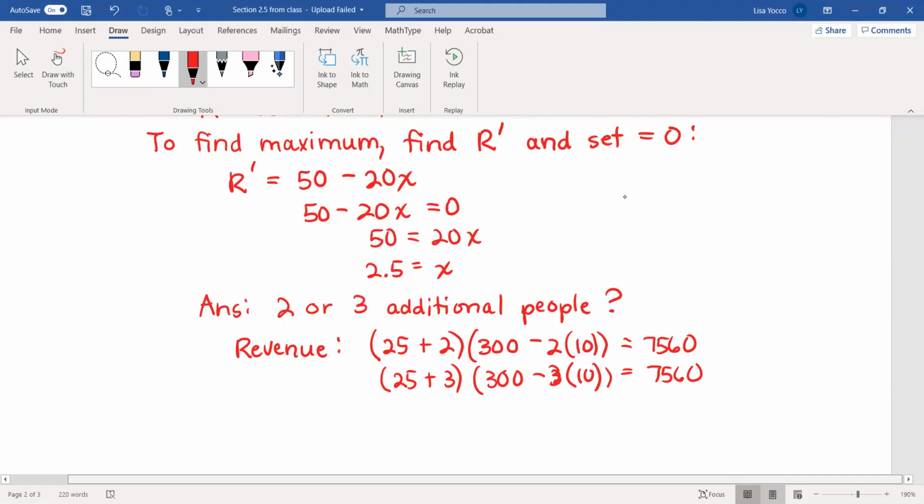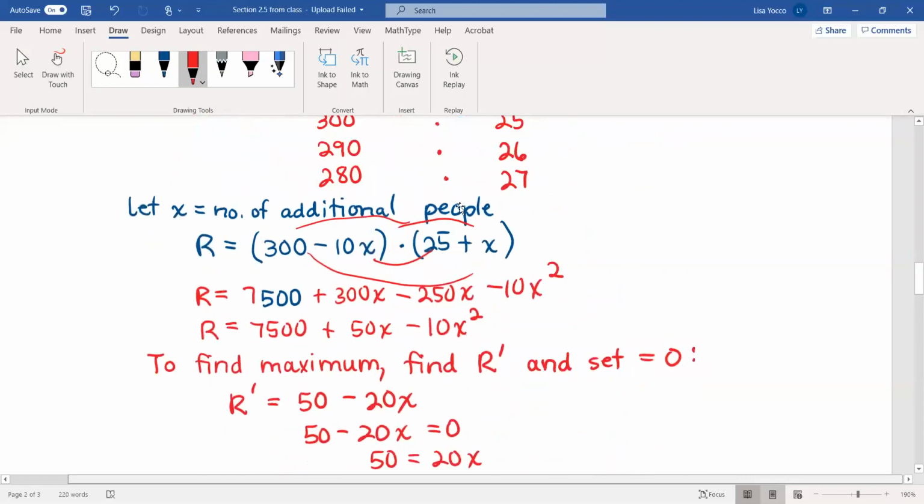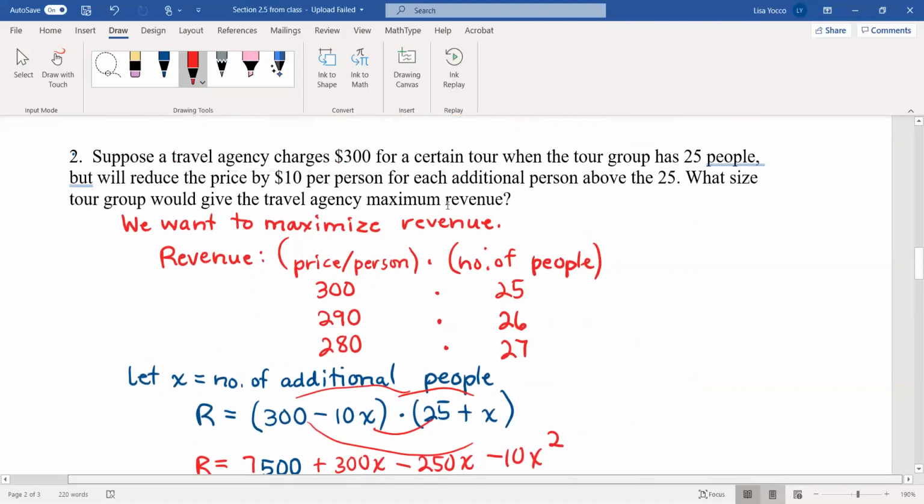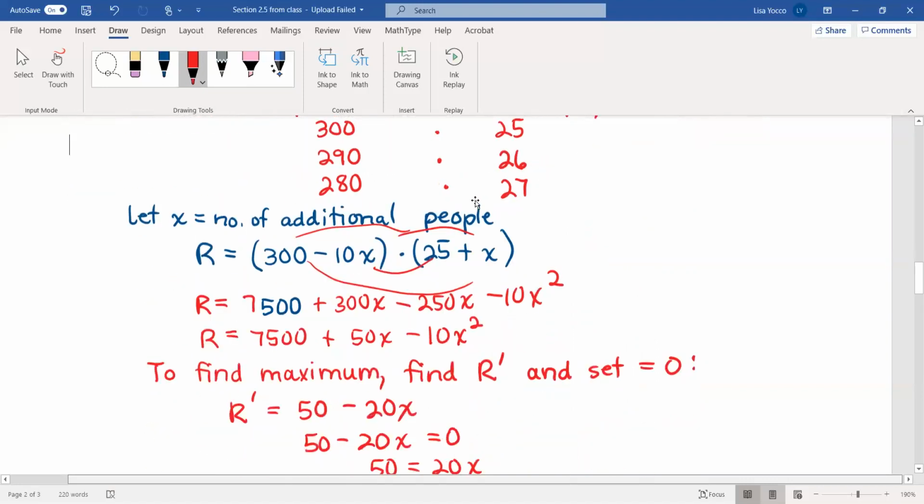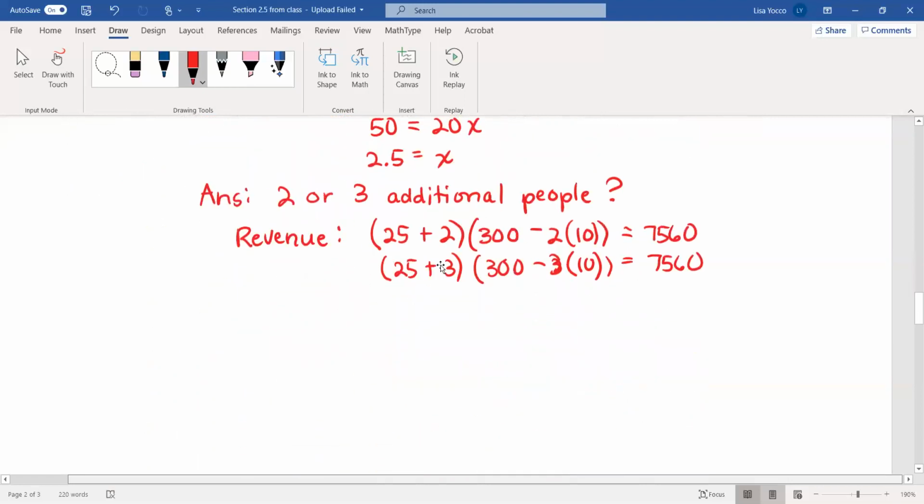And like I said, we don't have a limit on the tour, it doesn't say we can only take so many people. I'm sure there is a limit, but they don't tell us what it is. So this is going to be our only option, other than no additional people.